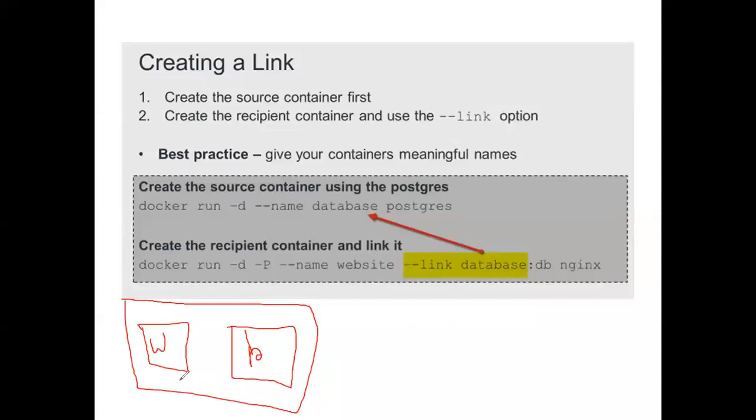So this is your web container. This is your DB container. So my question is, how do you connect from container to container? So this is port mapping. That is fine, I understand.